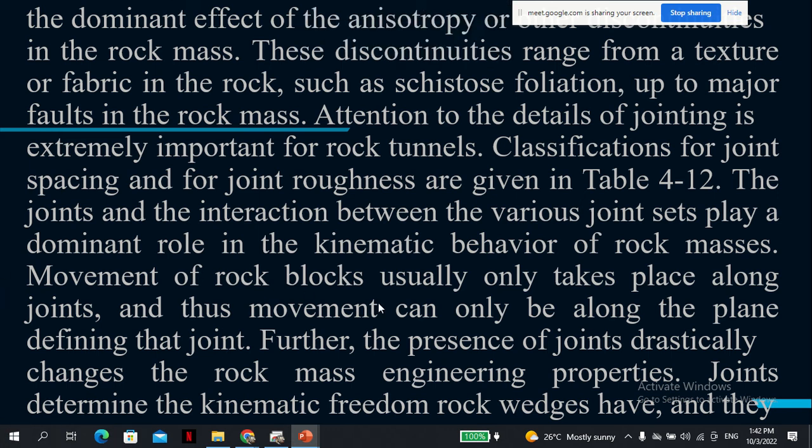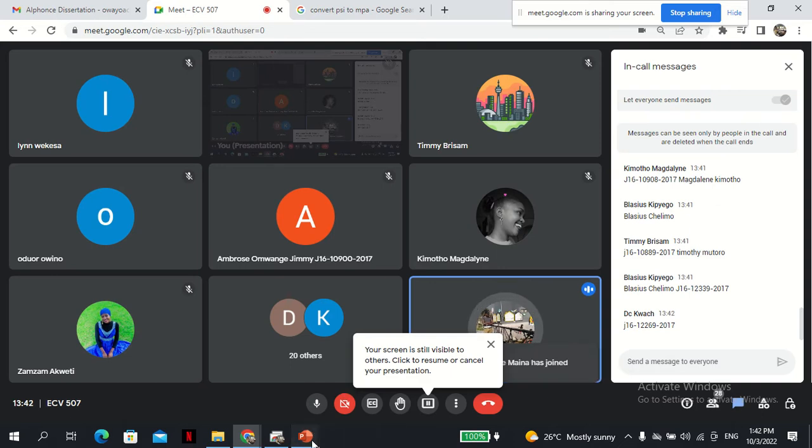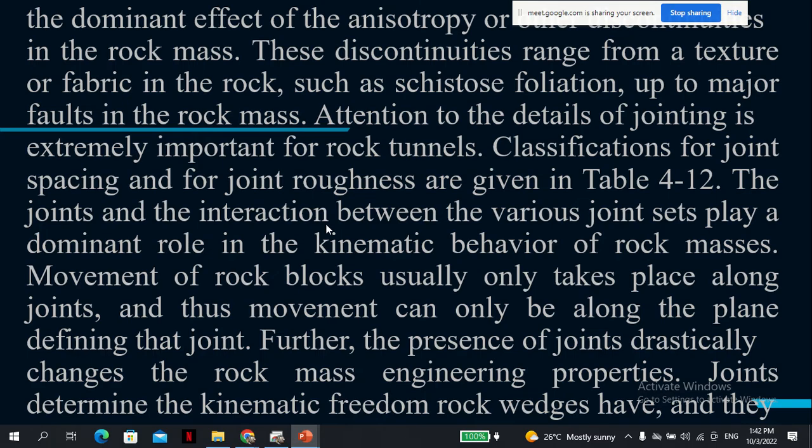Now, the various joint sets play a dominant role in the kinematic behavior of rock masses, because the joints have a great influence on the rock. If it is broken, the rock is as strong as its weakest point, and the weakest points obviously are the joints.